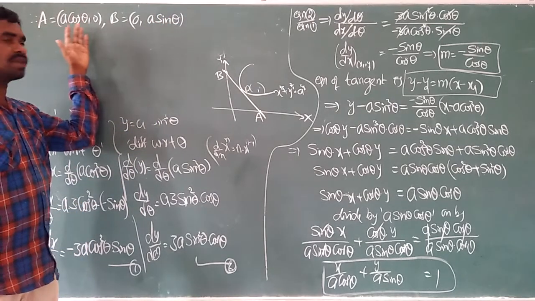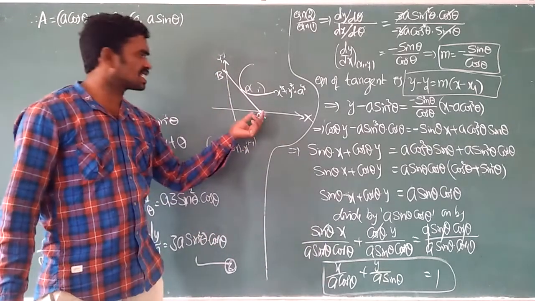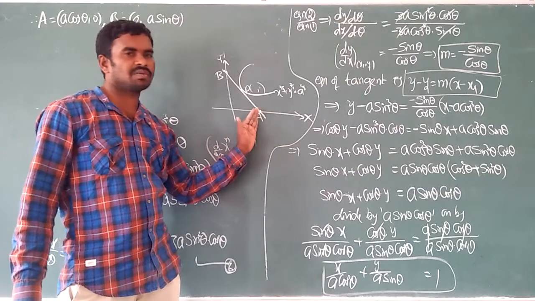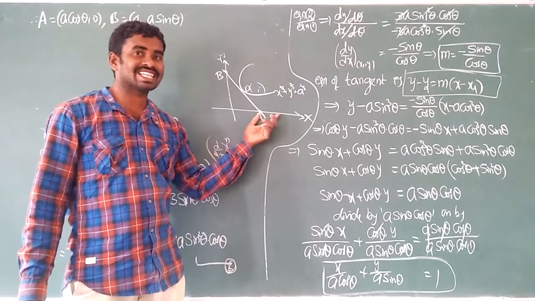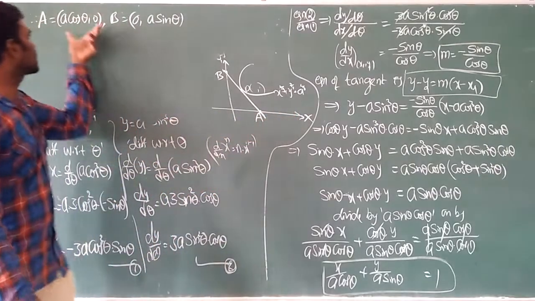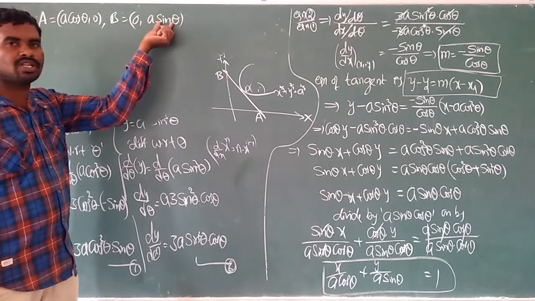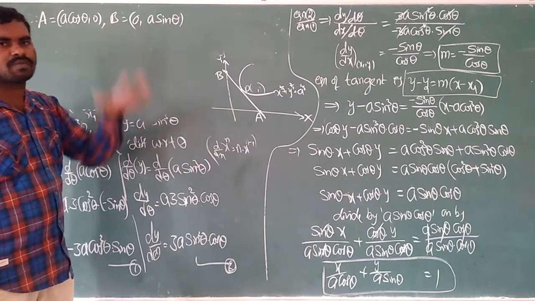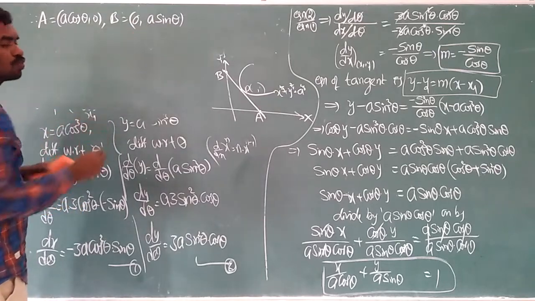Can I write here 0 comma A cos theta? No. This is the x coordinate. So on the x axis the points will be 1 comma 0, 2 comma 0, 3 comma 0 like that, because on the x axis there are no y elements. On the x axis there is no y element, it's 0. On the y axis only the y element should be present, the x element should not be present. So it means 0. So finally we got the 2 points A, B.